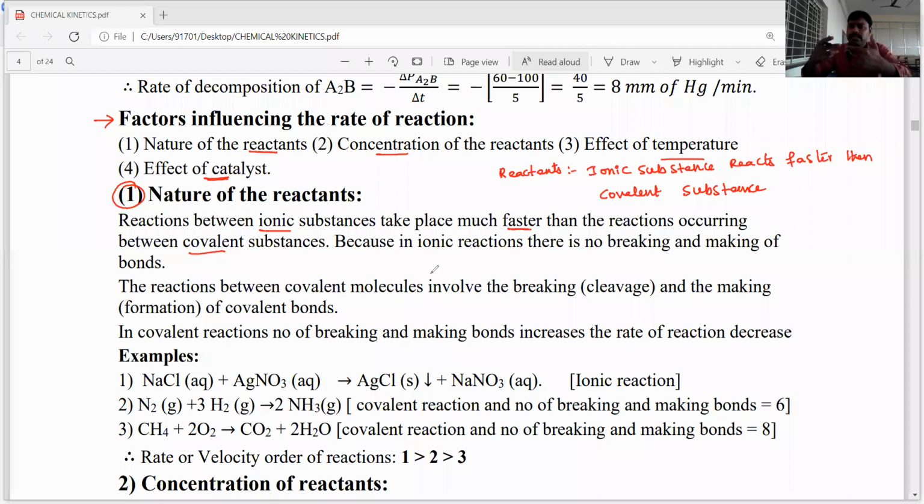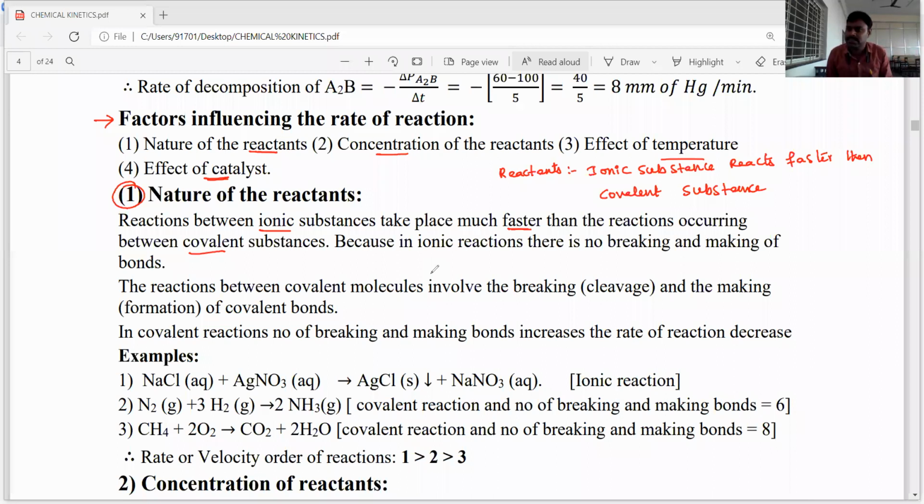If the bond is a sharing of electrons, we have to break the bond, and the breaking of old bonds and making of new bonds takes some time and requires more energy. That's why covalent substances involved in chemical reactions have a very slow rate when compared to ionic substances.